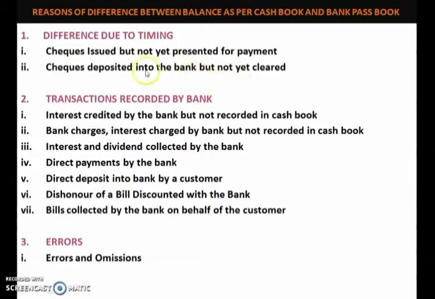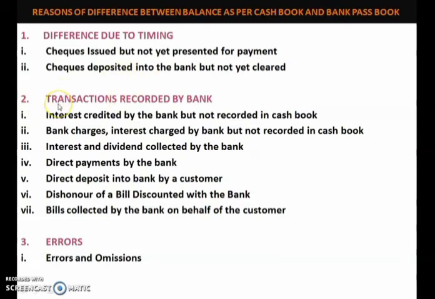So at the end of the accounting period, when we checked our passbook and cash book, our cash book receipt side has increased, but the passbook deposit side is not showing this record. So that means there is a difference between these two, passbook and cash book. For that we have to prepare a bank reconciliation statement.